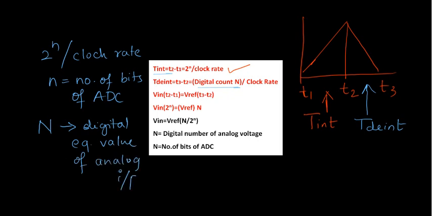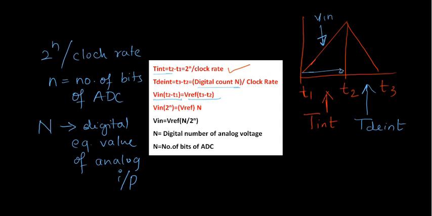Now if you equate the two, Vin into T2 minus T1 should be equal to Vreference into T3 minus T2. This is responding to your Vin, an unknown input voltage for a known time, and here a known reference voltage for an unknown time. This is the unknown time.